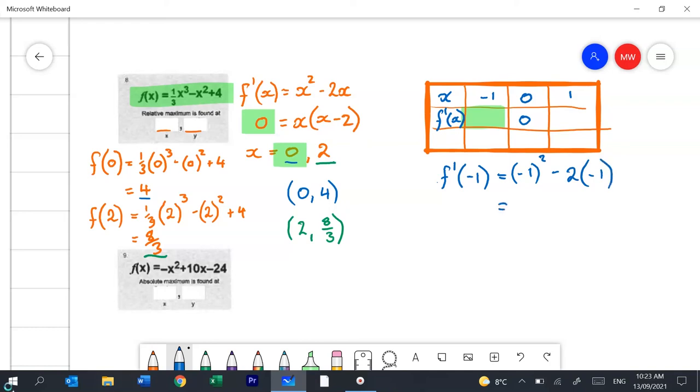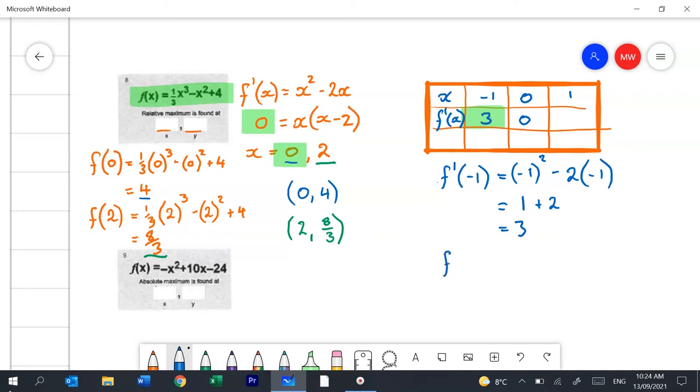And so we've got negative 1 squared is 1, and 1 minus minus 2 makes 3. Okay, so that's nice and clear. We've got 1 squared is 1, and then we've got minus 2 times minus 1 makes positive 2. So we've got 3. So this value here is 3.